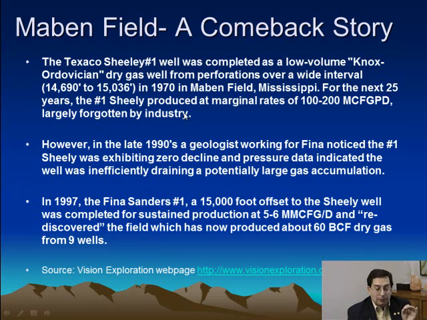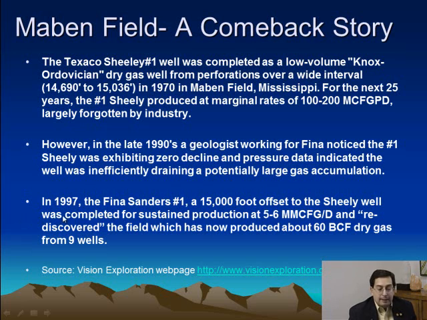What happened was, this Texaco well was making marginal rates of 100 to 200 MCF gas a day, largely forgotten by industry, but it was clear that it was not declining and that the pressures were not declining. And astute observations enabled a team, FINA and others, to realize that this was a larger tank that was not being drained by this well.